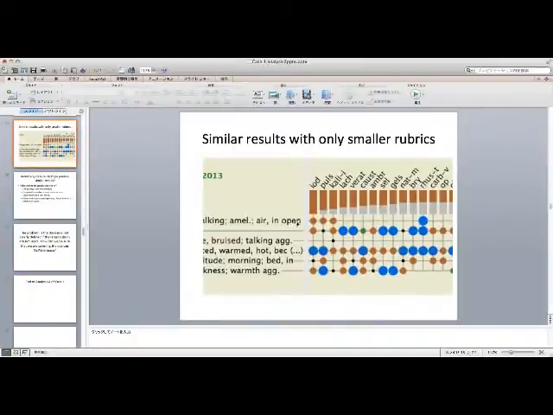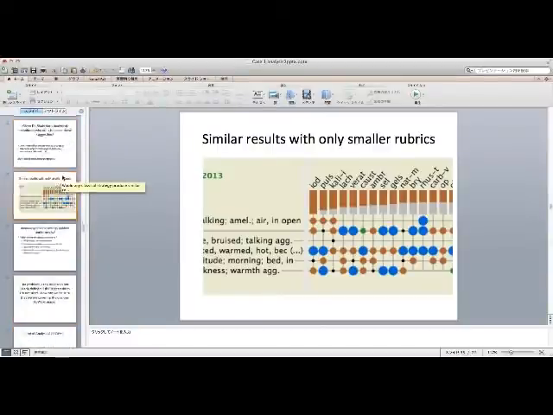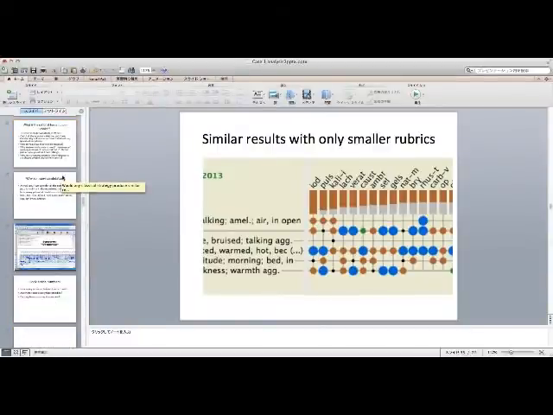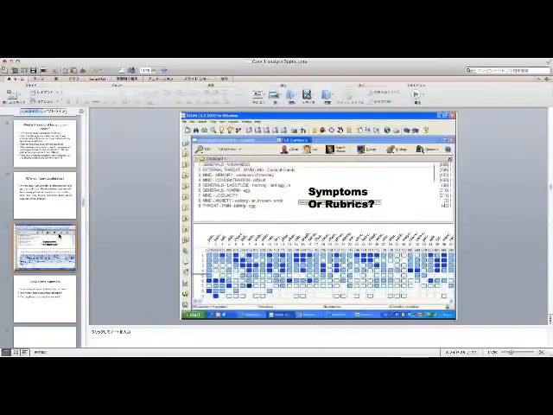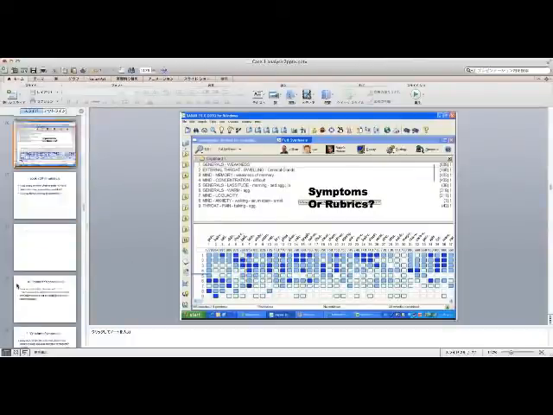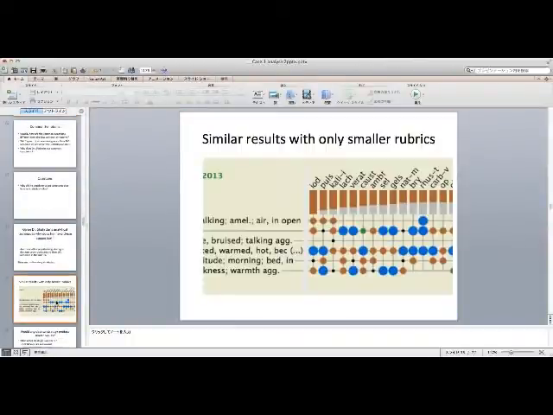Now, I've used my program to try to just repertorize the symptoms that are individualizing, that are of statistical value. And if you compare this list to Dr. Shadar's list, a lot of the top ones here are also in this other list here.